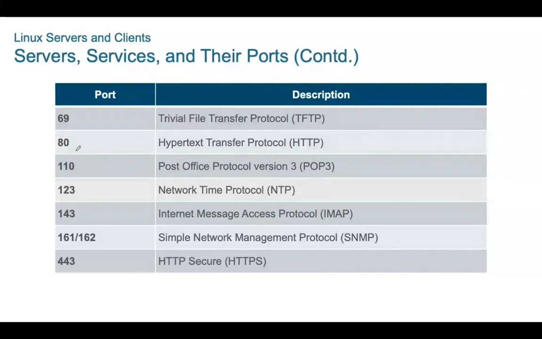Through that port all the communication goes. Port 110 is used for Post Office Protocol version 3, POP3, to get emails. And 123 is used for the Network Time Protocol.